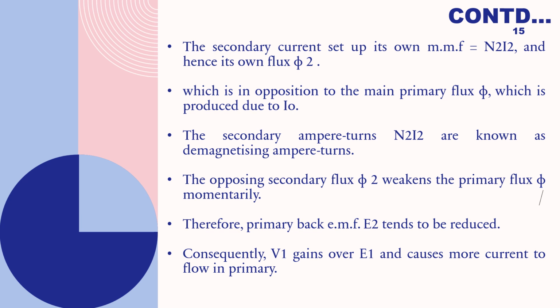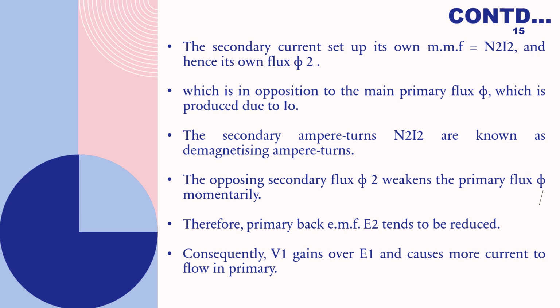The secondary ampere turns N2 I2 are known as demagnetizing ampere turns. The opposing secondary flux phi 2 weakens the primary flux phi momentarily. Therefore, the primary back EMF E1 tends to be reduced.